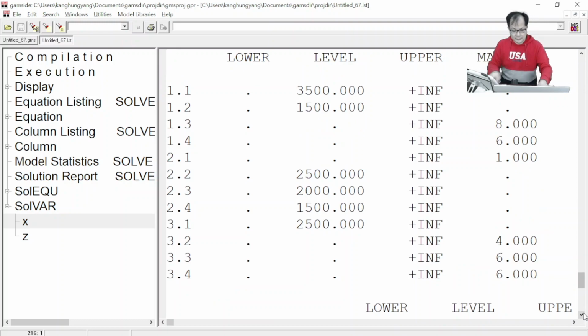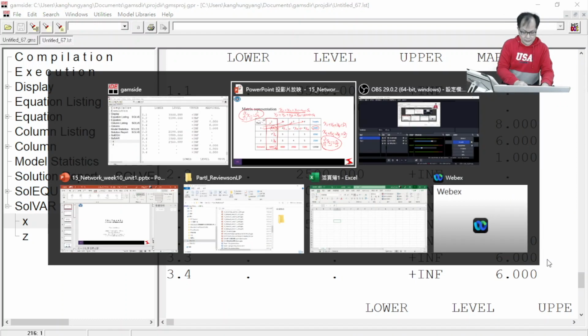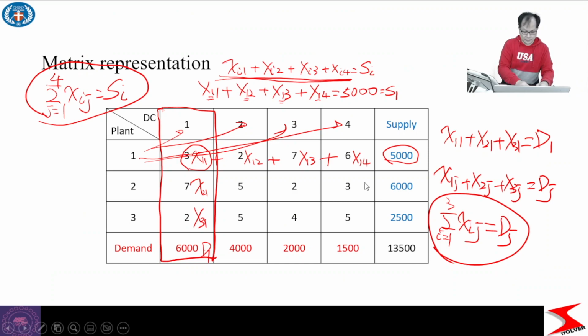Okay, so we can put all these numbers into our table here to check if the results make sense or not.